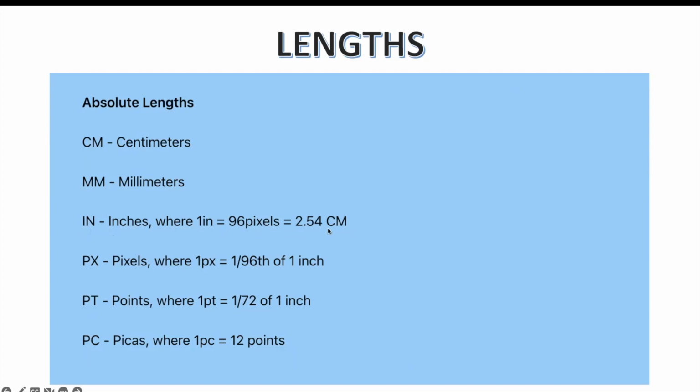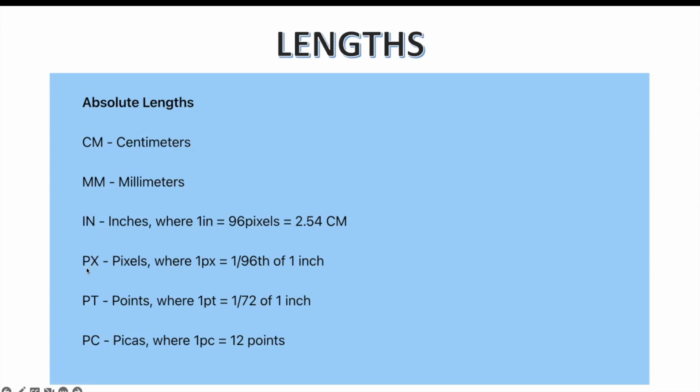If you're a math person, you'll know that 1 inch equals 2.54 centimeters. But what's new is the number of pixels. Now, these are absolute lengths. Remember, if you have a screen that is 17 inches diagonal, the width and height are different values, but that's where this comes from.